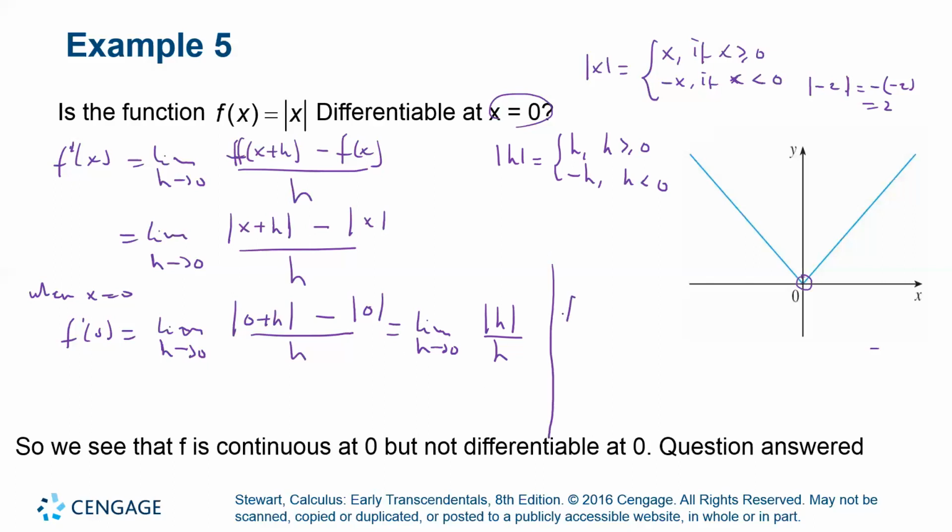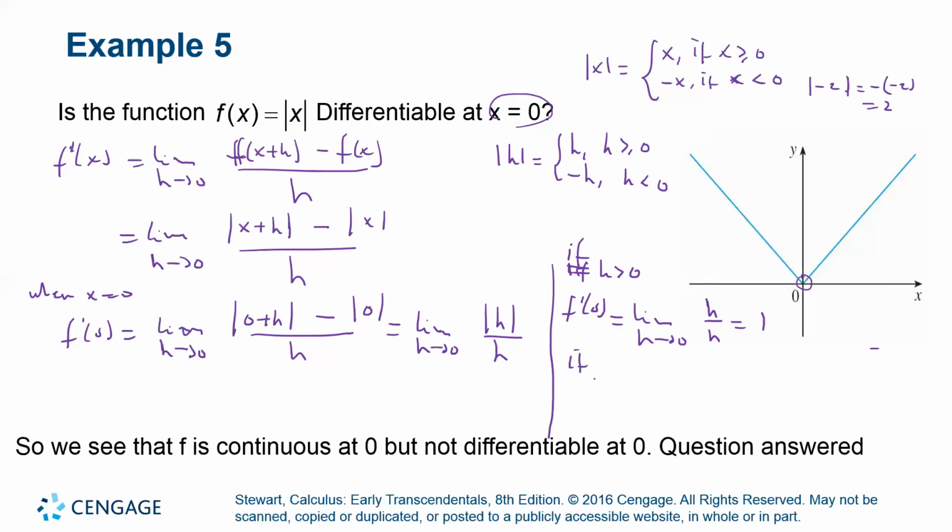That is the f prime of 0, if h is positive, then this derivative is the limit as h goes to 0 of h over h, which is equal to 1, because the limit of a constant is the constant.